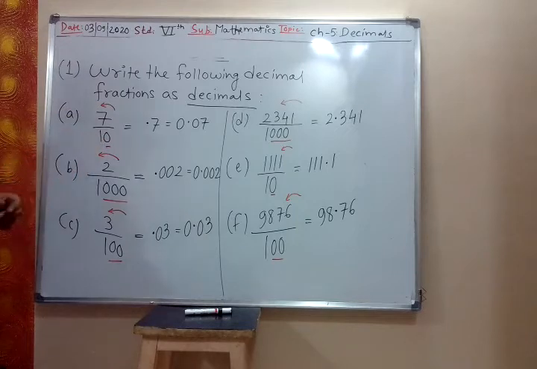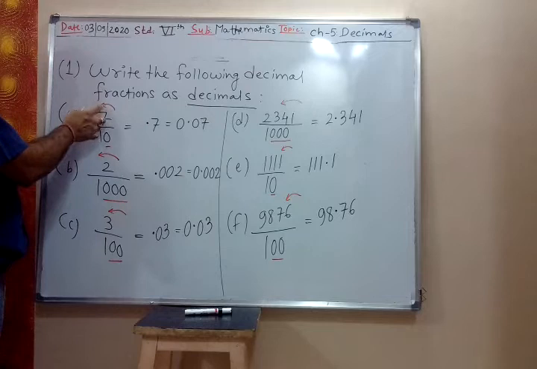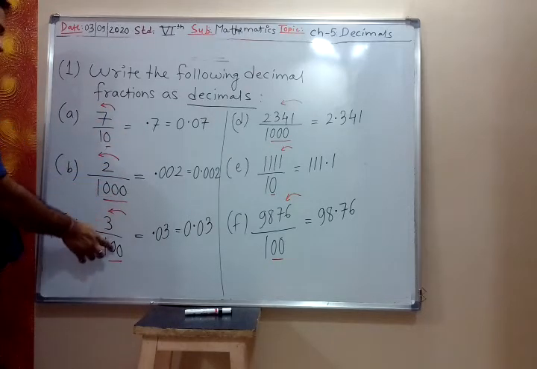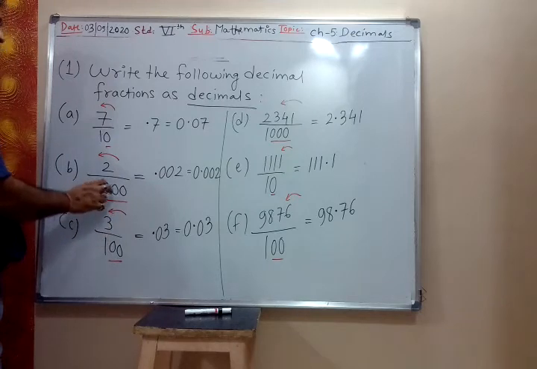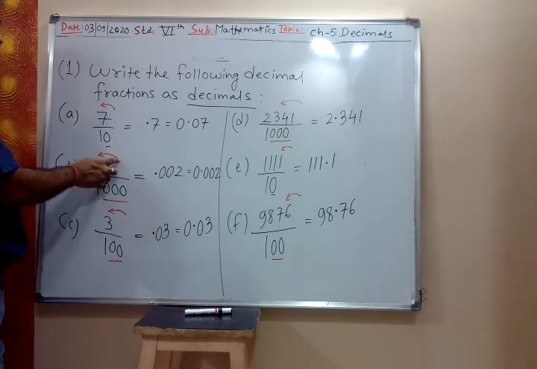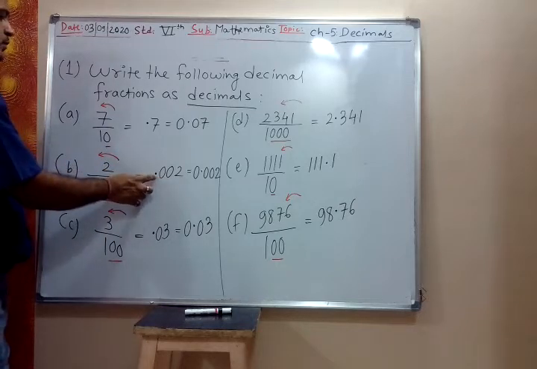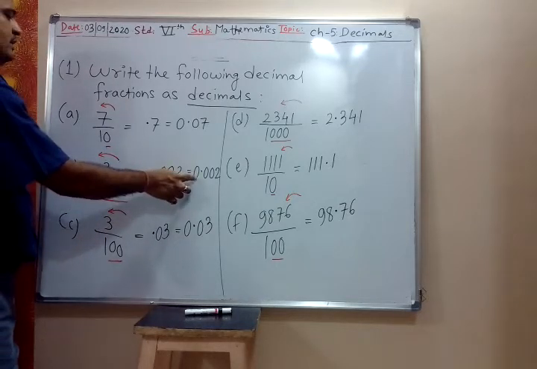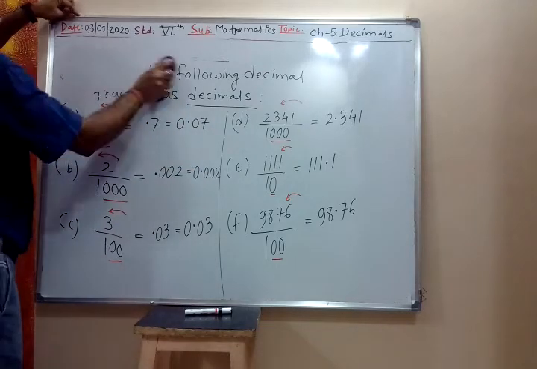If there is 1 zero in the denominator, start from right and put the decimal after 1 digit. If there are 2 zeros, put the decimal after 2 digits. 3 zeros, put the decimal after 3 digits. So 0.002, before point there is no digit, so I can take it 0. So 0.002.